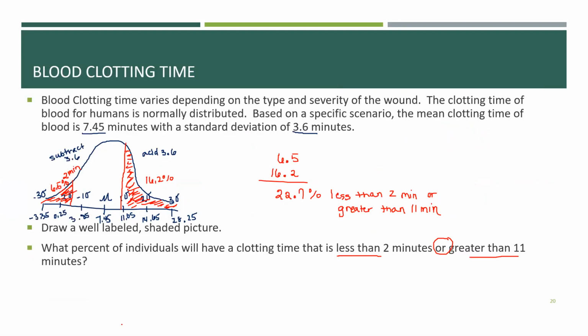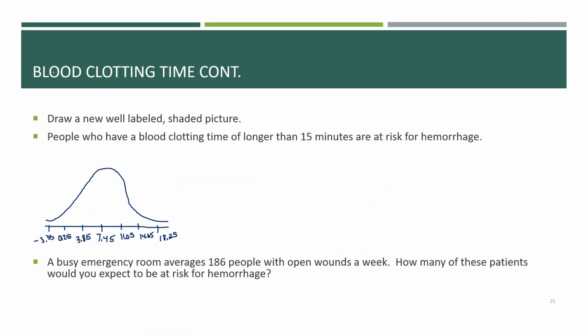So our problem with blood clotting continues, so I'm going to go to my next slide. It says draw a new well-labeled shaded picture, so I drew my new picture and labeled it exactly like before. So you may need to pause here and go through and put those labels on. Then to get the shading part, it says people who have a blood clotting time of longer than 15 minutes are at risk of hemorrhage.